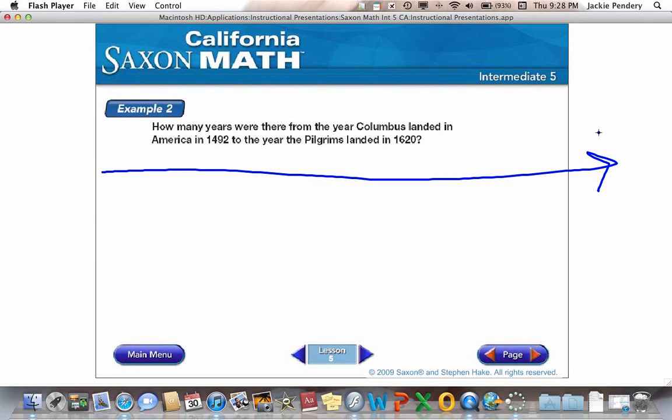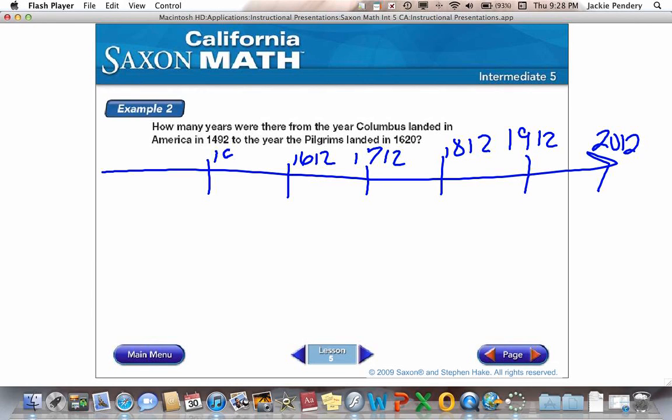Okay, here's 2012, here's the present, and let's say here's 1912, 1812, 1712, 1612, 1512, and 1412.